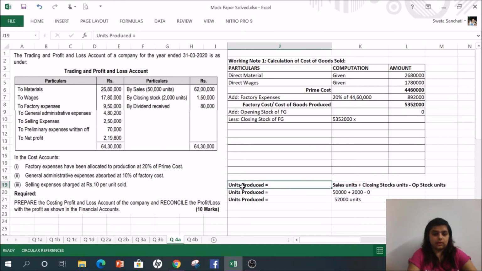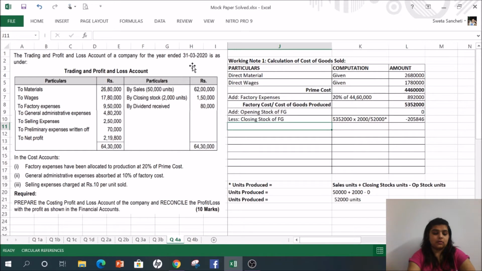You can also make a star mark here, and the same star mark I can give here. So 53,52,000 into 2,000 divided by 52,000. I can have a star mark of how did I get 52,000, from where did I get 52,000. So my answer here would be this, into 2,000 divided by 52,000, that is 2,05,846. This is my closing stock.